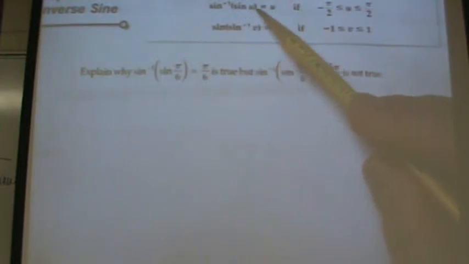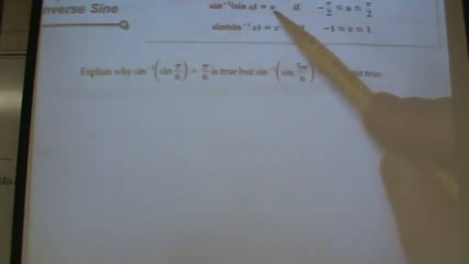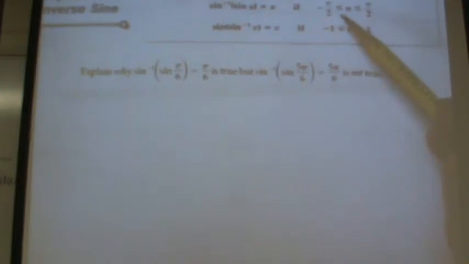Those two rules that we actually just went over: when you take the inverse sine of the sine function for a certain value, you get back your u. But it's important to look at the restrictions. Your u value, so whatever angle you're putting in, has to be between negative pi over 2 and pi over 2. It needs to be within that interval.